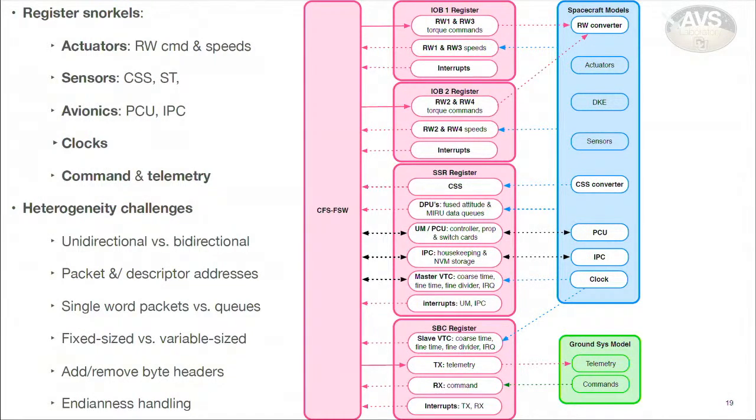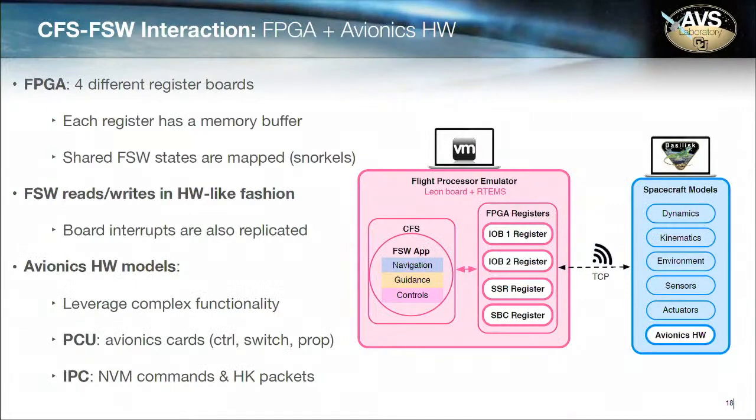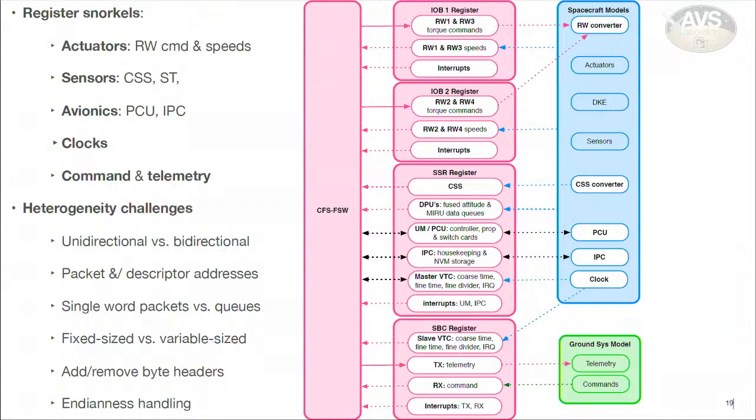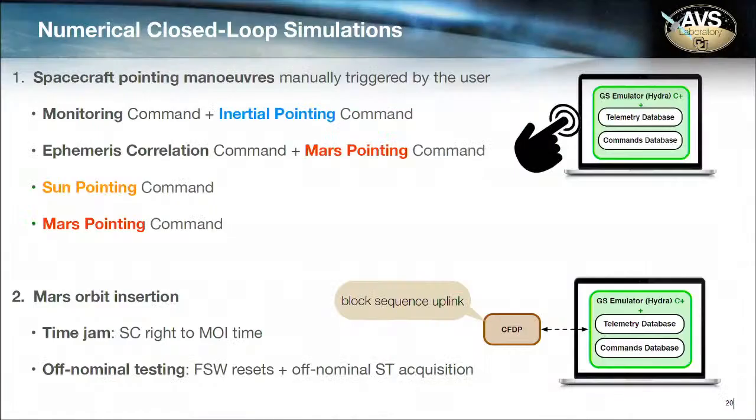Some snorkels store single word packets, while others need to queue them up. Some of these packets have fixed size, while most of them are variable sized. The snorkels related to command and telemetry need to also add or remove byte headers to the packet depending on the direction. And most of them need to handle endianness because QEMU is little endian.